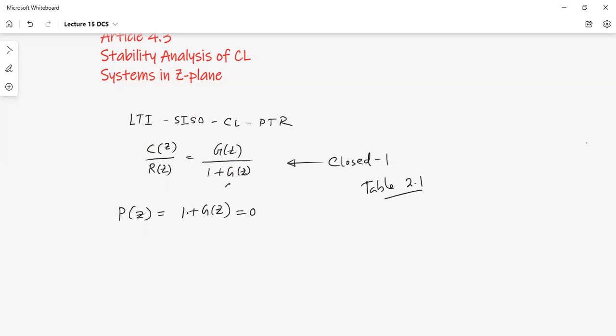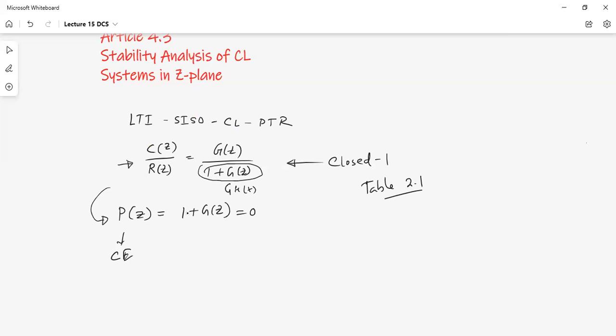In some cases you will find GH(z), and in some cases some other parameter will be introduced. The bottom line is that for different kinds of systems, whatever the denominator of the closed loop transfer function is, that will be your characteristic equation.